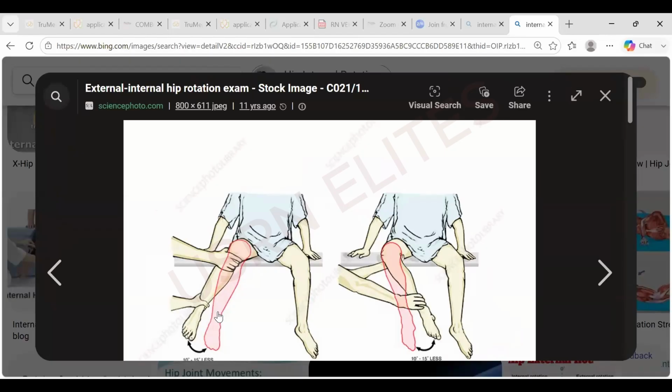The leg will move outwards. Once the leg moves outwards, that's external rotation of the leg, and the hip will what?